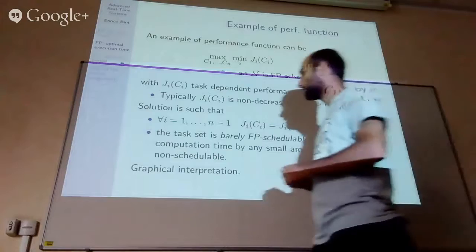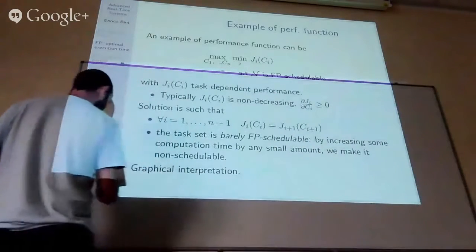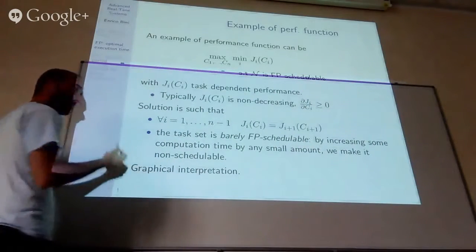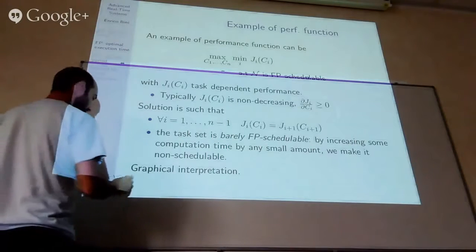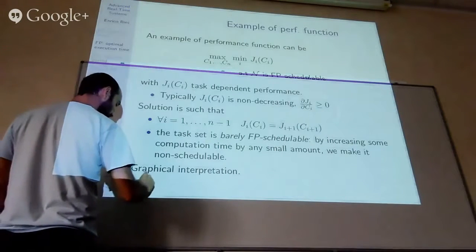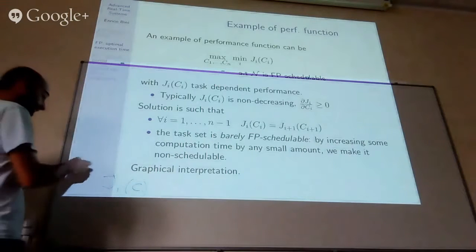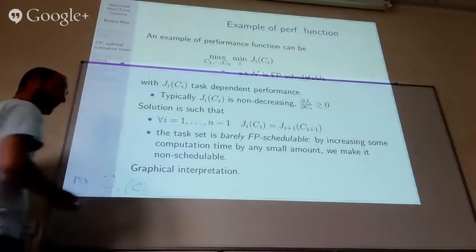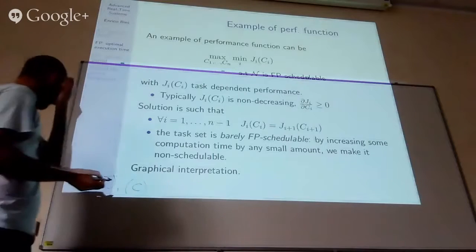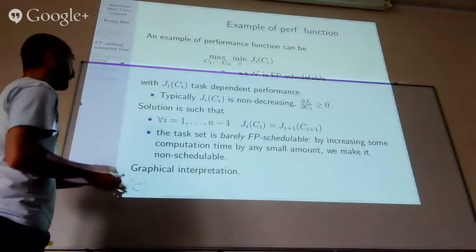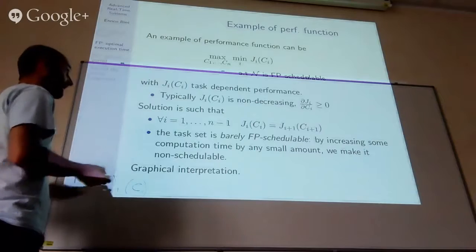In this case, you have a function J_i, a task-dependent performance function, which is a function of the computation time. And since you have n of these, you may want to find a way to combine these n functions.